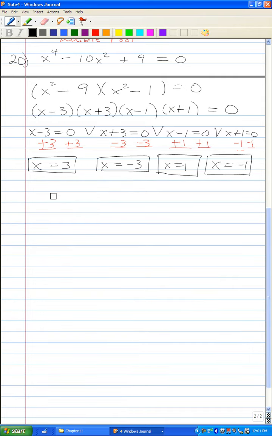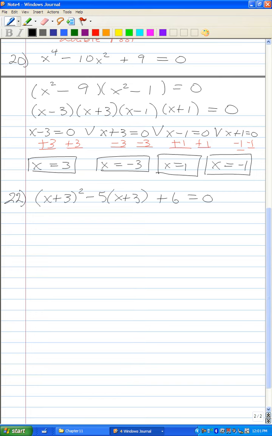Let me do problem number 22. In exercises 21 through 40, solve the equation by using an appropriate substitution. And so x plus 3 squared minus 5, x plus 3 plus 6 equals 0.